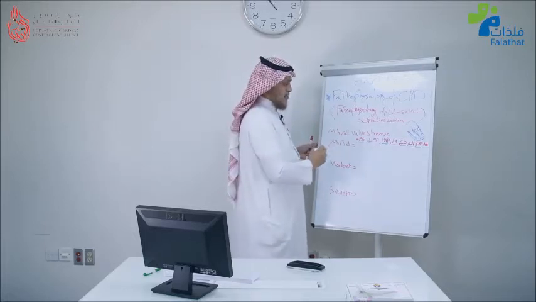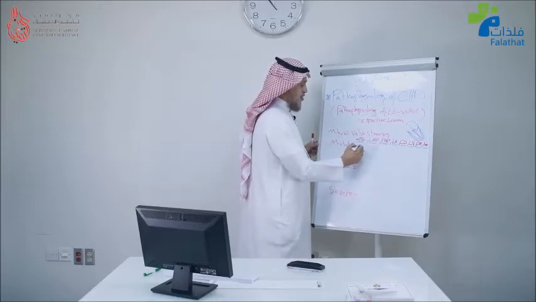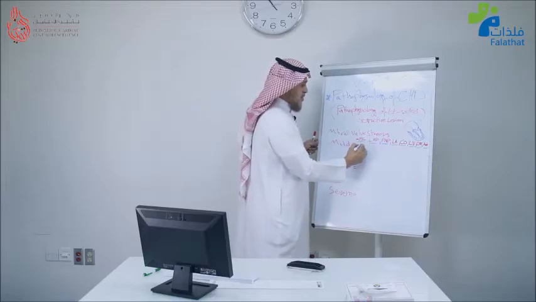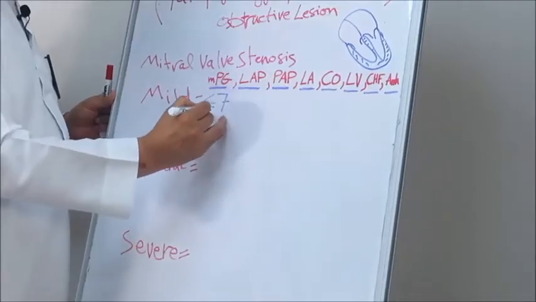So mild mitral valve stenosis, we are talking about a mean pressure gradient of less than or equal 7 millimeter mercury.